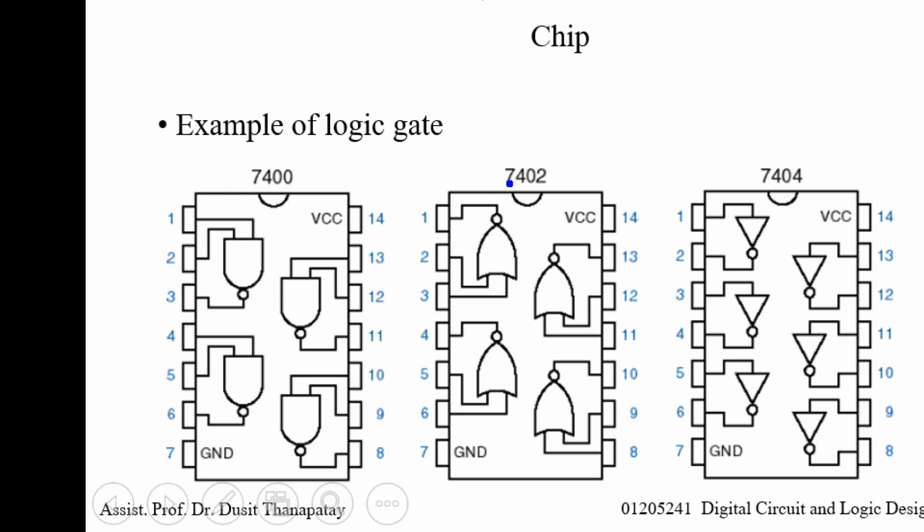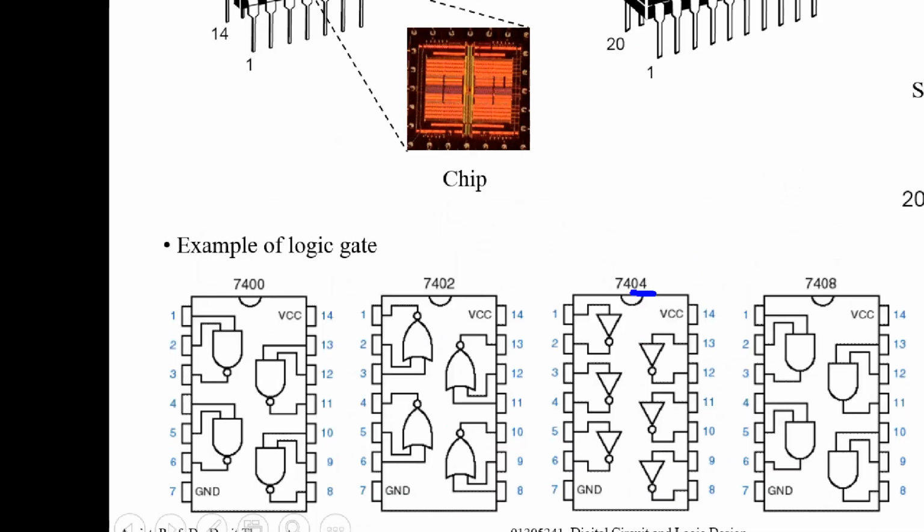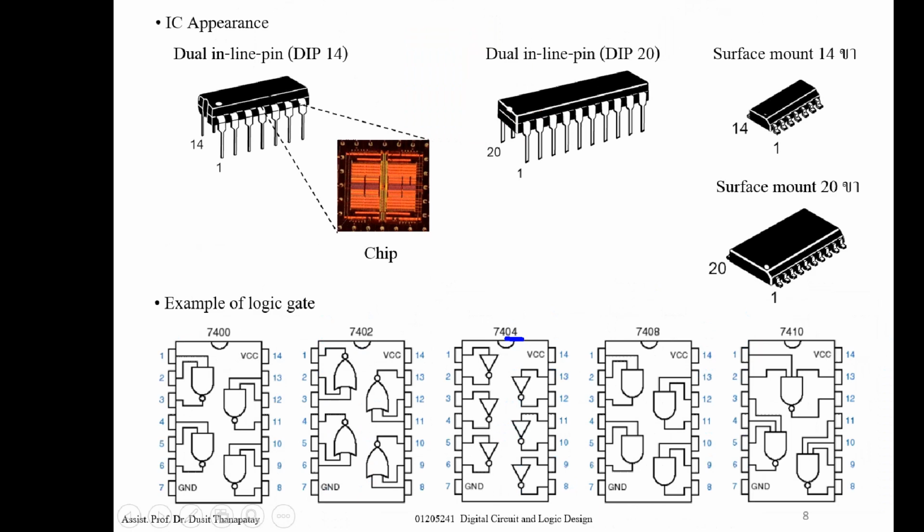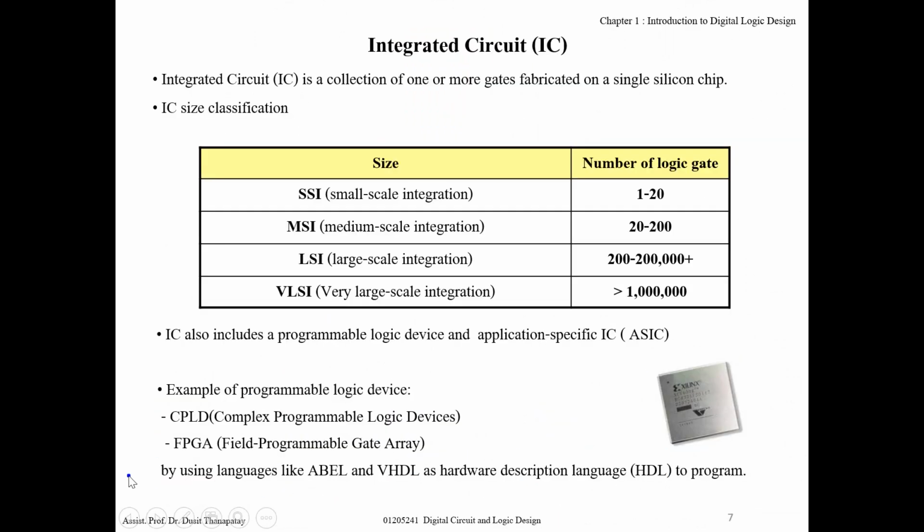7402 contains 4 NOR gates inside, and 7404 has 6 inverters inside. The IC that contains the fewest number of logic gates is called small scale integration, SSI.